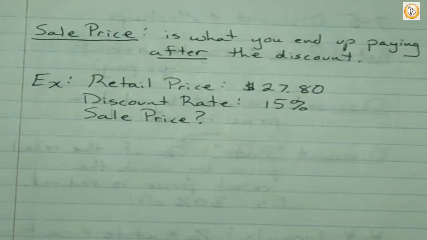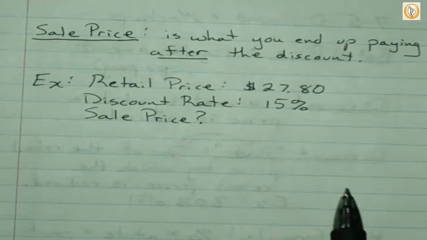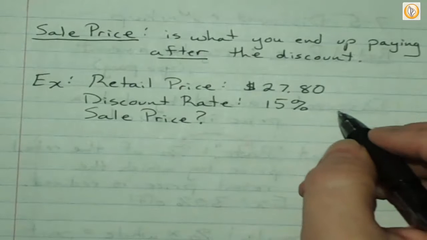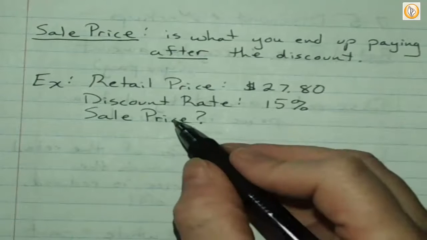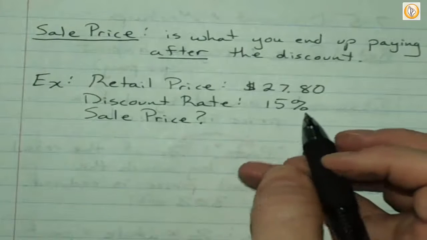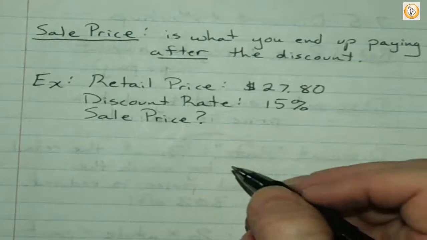So this is kind of like a two-step problem. The first thing we need to find is the discount. We're missing the discount because to get to the sale price, we have to find the discount, right?